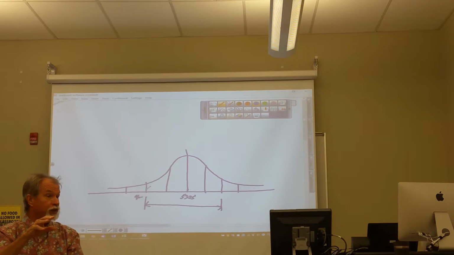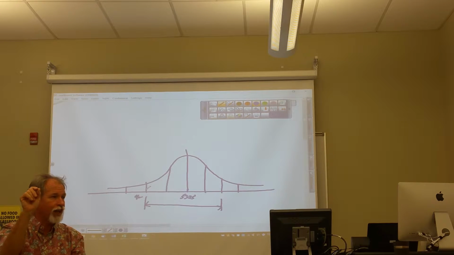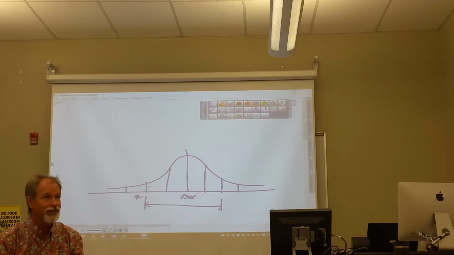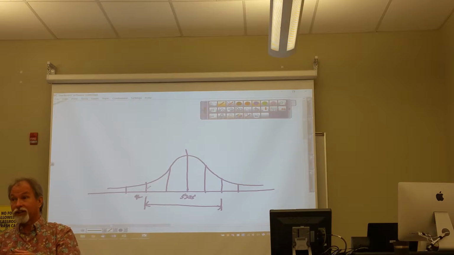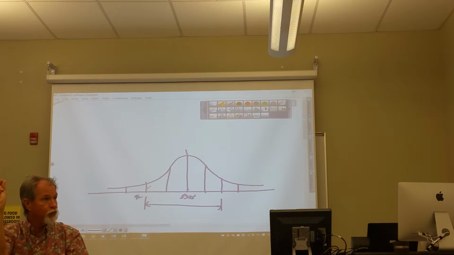I'm just taking a random guess. What are the chances that I got his weight? Does anybody want to hazard a guess what the chances are that I hit his weight on the nose? Probably not even 50-50. Probably an awfully narrow window.